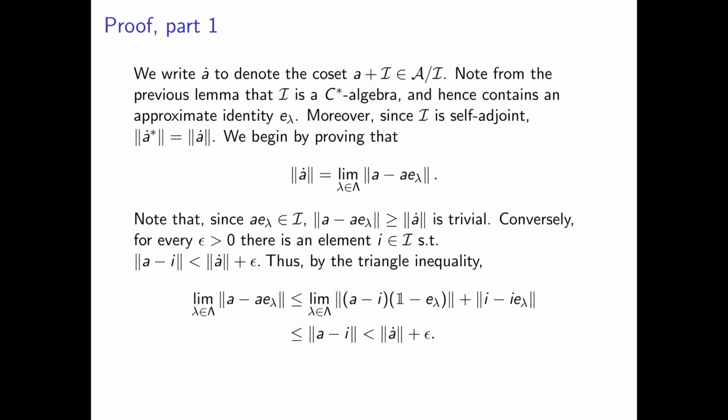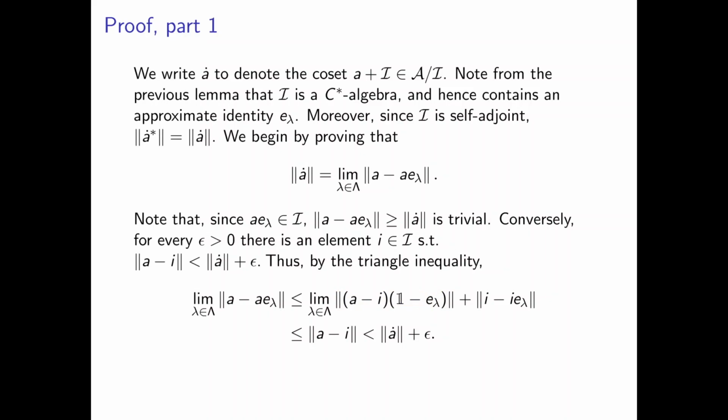So first off, we note that this limit must be less than or equal to this norm here. And why is that? Well, it has to do with the submultiplicative property of the norm. So notice here that the norm of this product is less than or equal to the norm of this factor times the norm of this factor here.